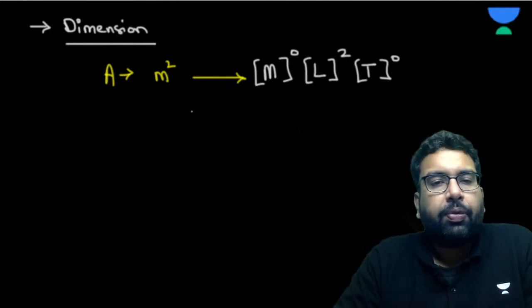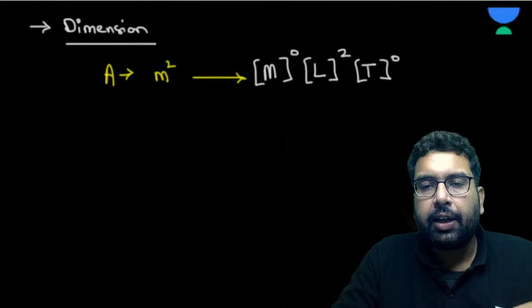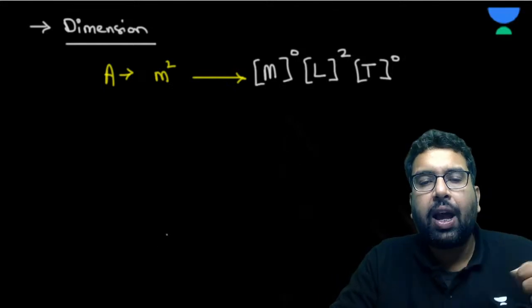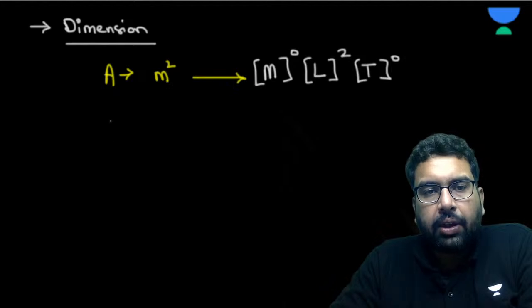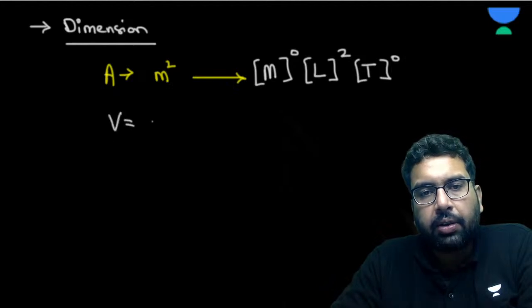For example, if you want to represent the velocity in terms of the dimension: if you have the unit of something, you basically have the dimension, or vice versa. Velocity is displacement per unit time, that is meter per second.